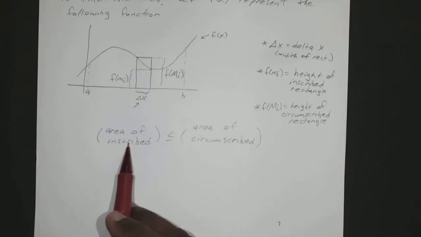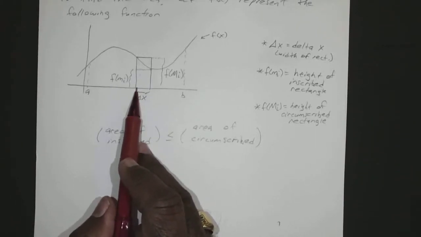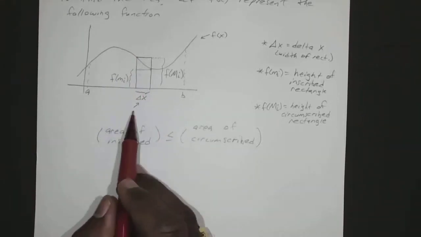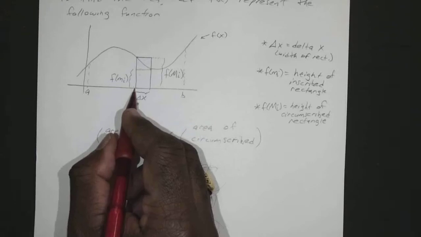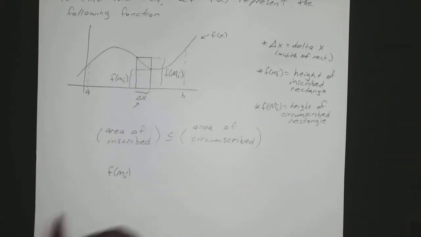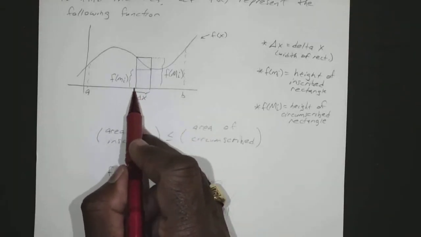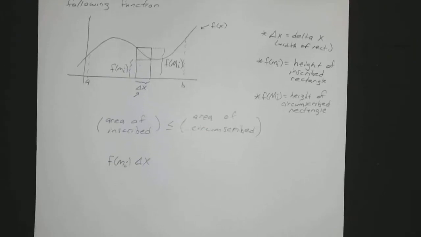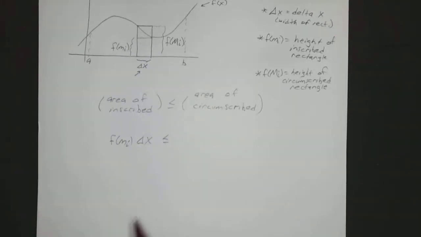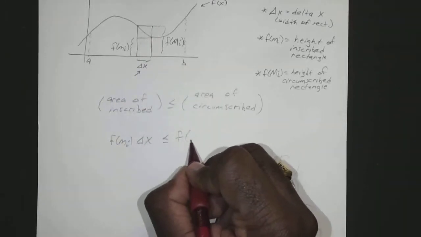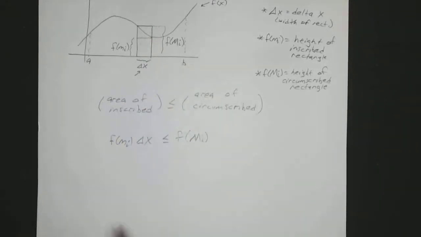Okay. So our area, remember, the area of a rectangle is length times width. So the area of our inscribed would be f of m sub i, which is our length, and our width is delta x. That would be less than or equal to the length of our circumscribed, which is f of capital M sub i, and our width is delta x.